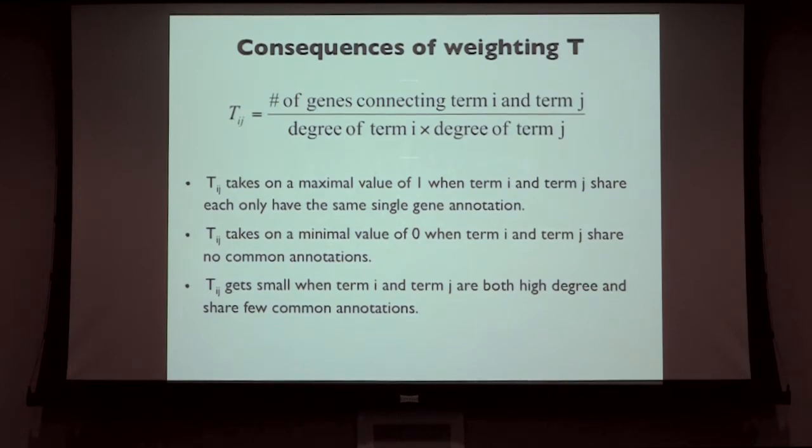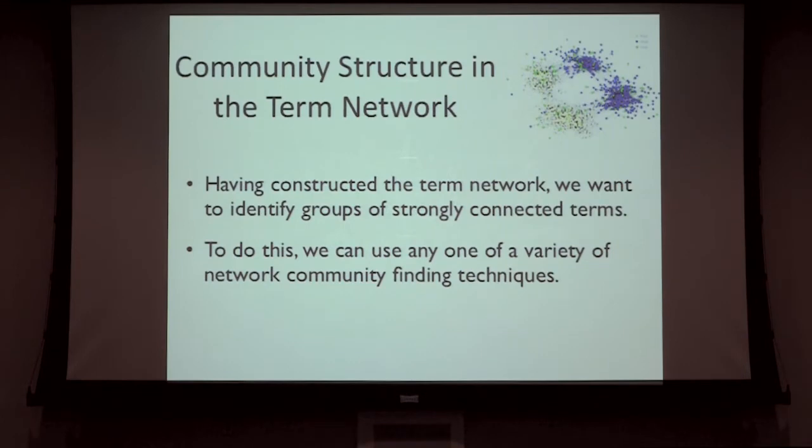T_ij takes on a minimal value of 0 when term I and term J share no common annotations. And T_ij gets small when term I and term J are both of high degree, but they share few common annotations. So once we have this term network, we want to analyze it for community structure.